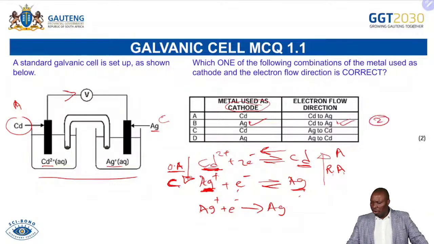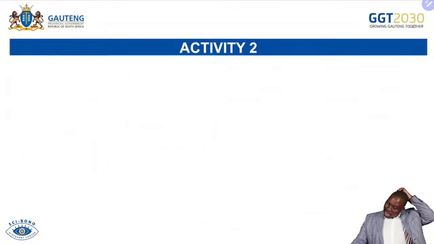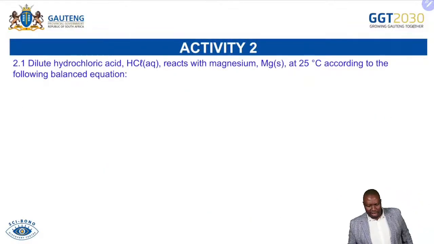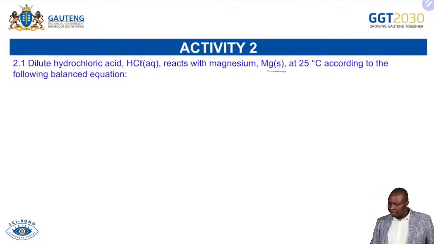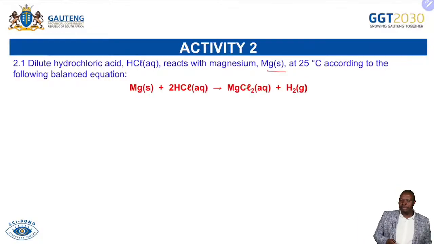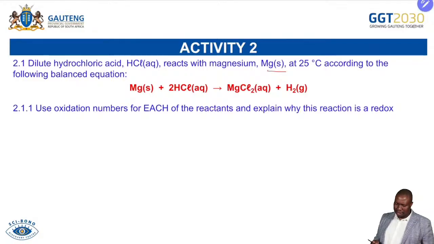Now, let's move to the next question, which in this case was: dilute hydrochloric acid reacts with magnesium solid at 25 degrees Celsius, standard temperature, according to the following reaction. Magnesium plus 2HCl forming MgCl2 plus hydrogen gas.